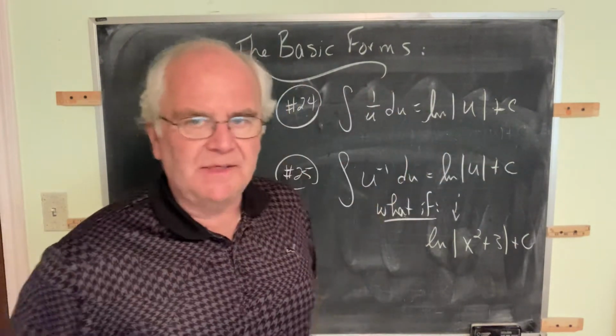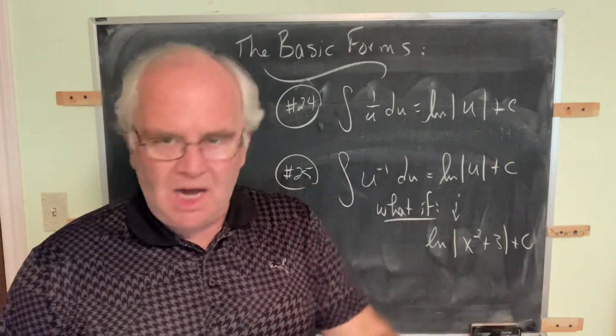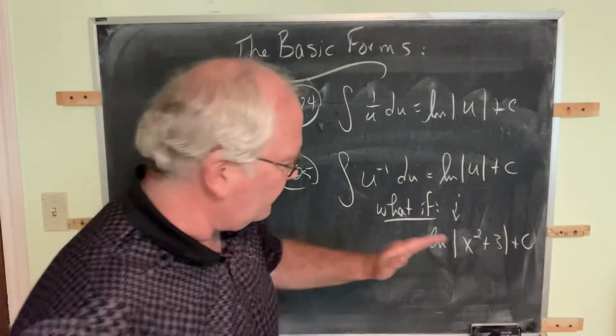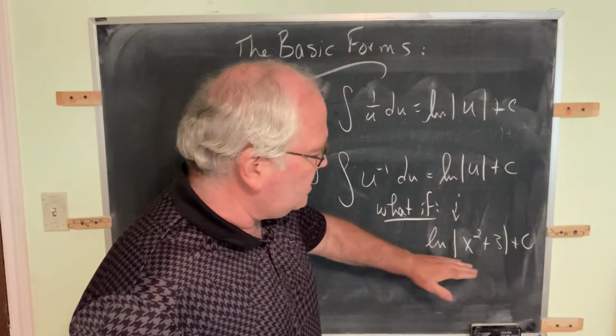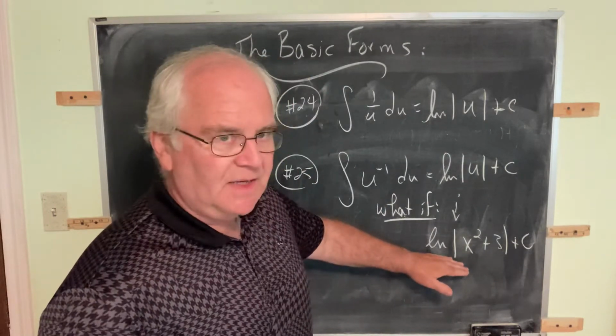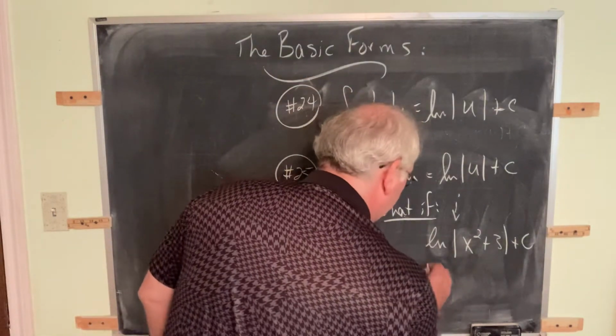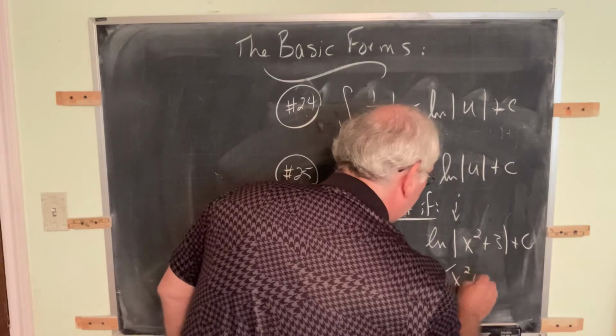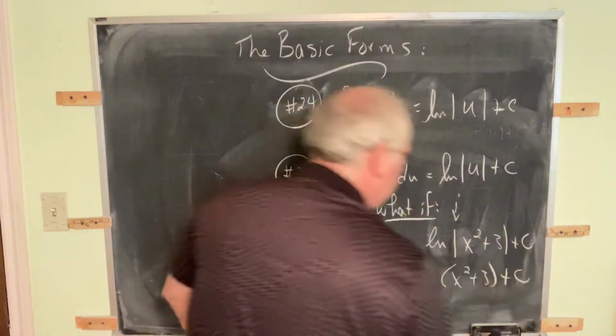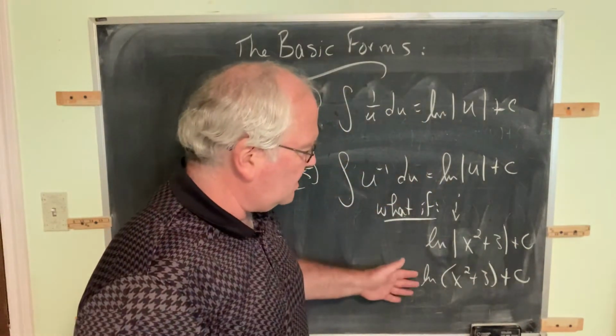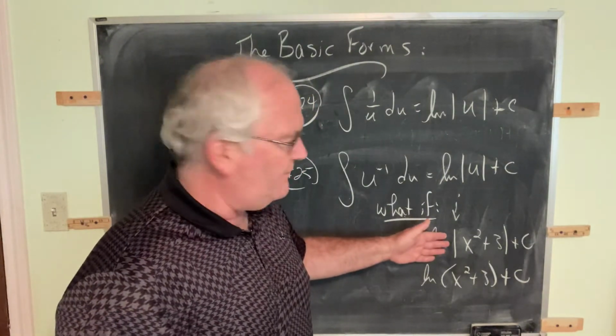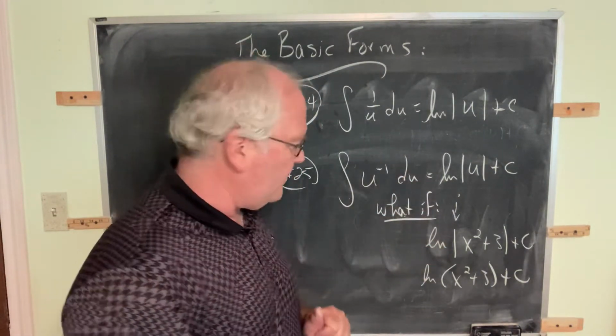If you check your answer with a textbook or online or Wolfram Alpha or something like that, the text might not write the absolute value. And sometimes students get confused. They say, I thought you had to have the absolute value. Well, you do need to have the absolute value.